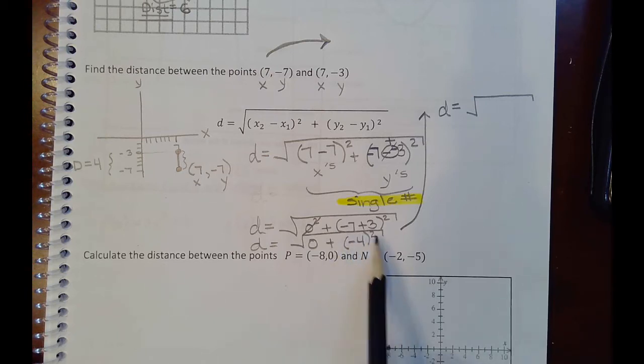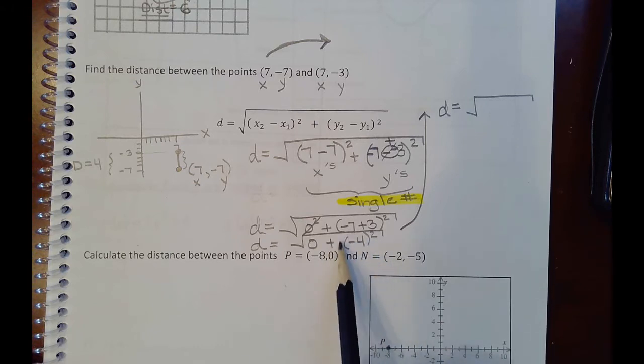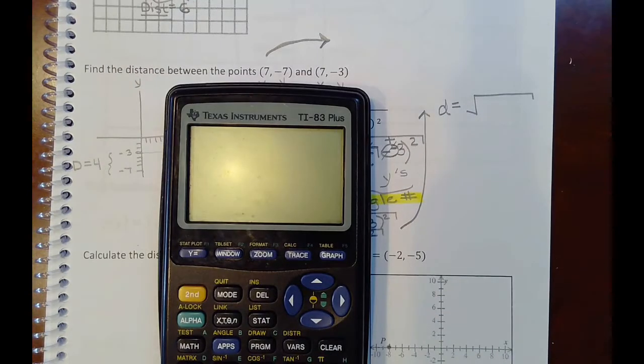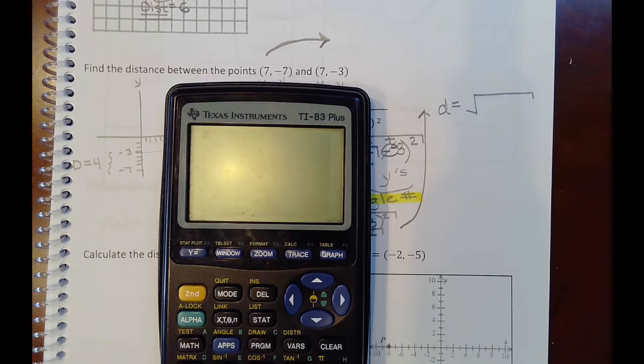So if you are going to press this into your calculator, press it in with the parentheses and the square, or you can press it in, you know that anything squared is the number times itself. So if you do press it in like this, negative 4 times negative 4, that's one way to press it in. That's the same thing as negative 4 squared.